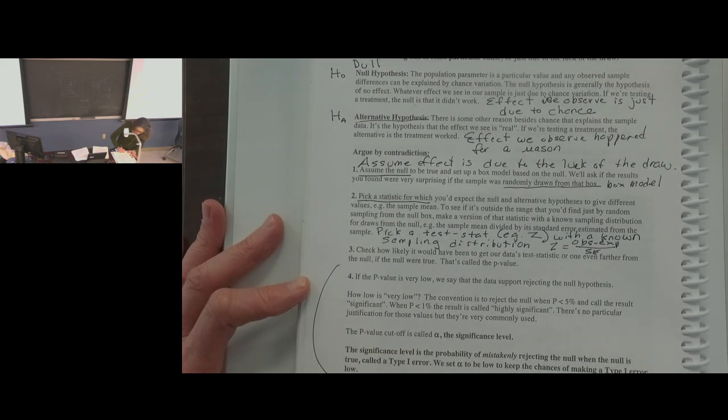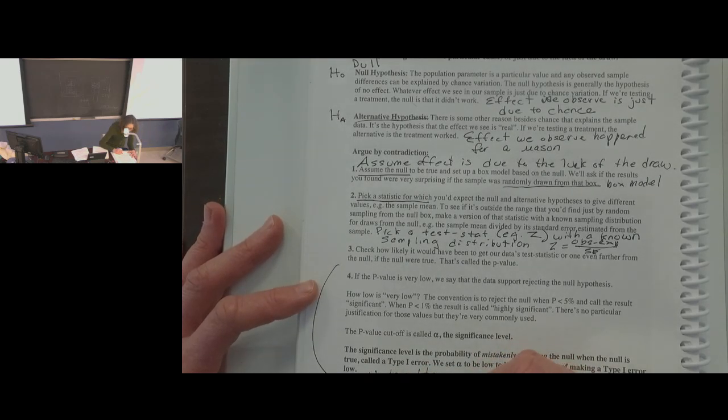So basically it looks like this. You have some sampling distribution like this of your test statistic, under the null, assuming H naught. This will be your sampling distribution of your test stat.